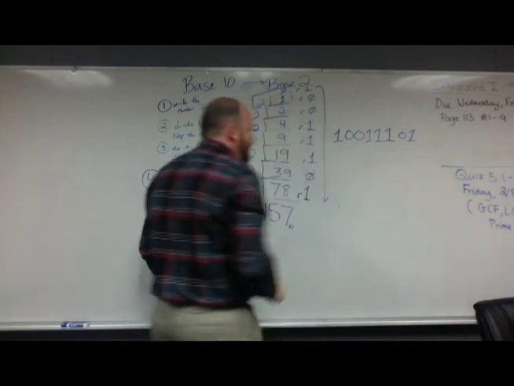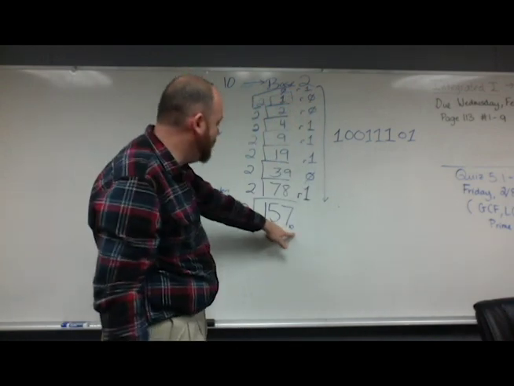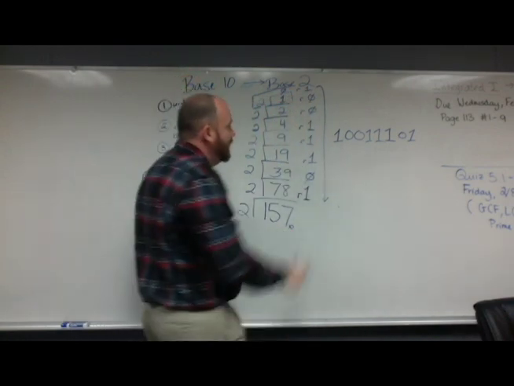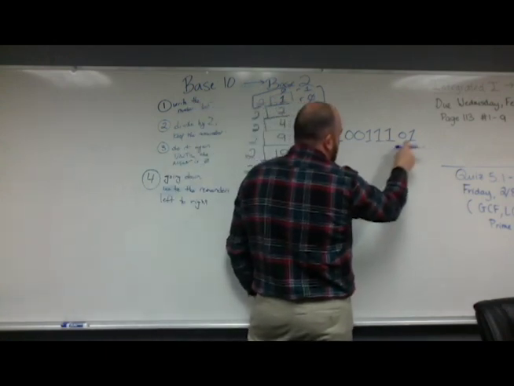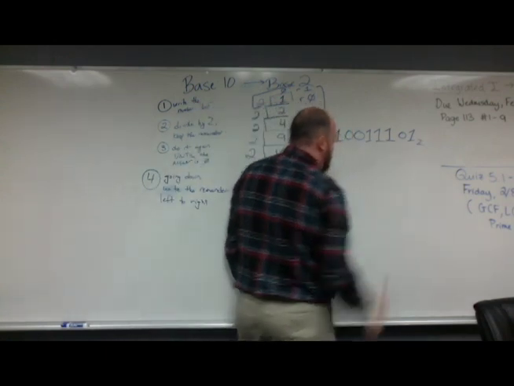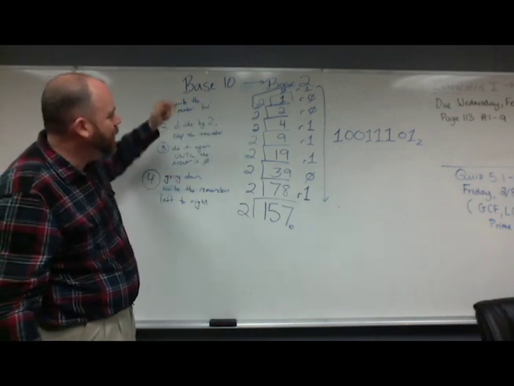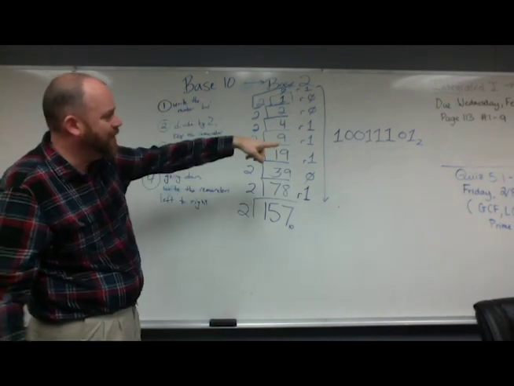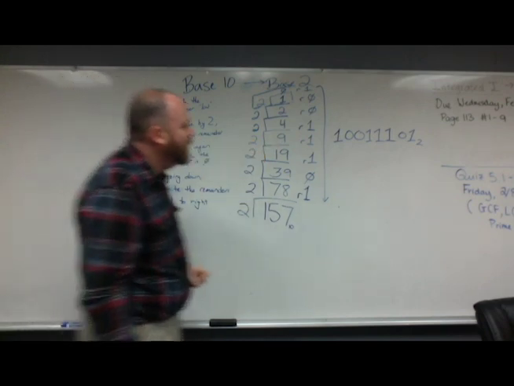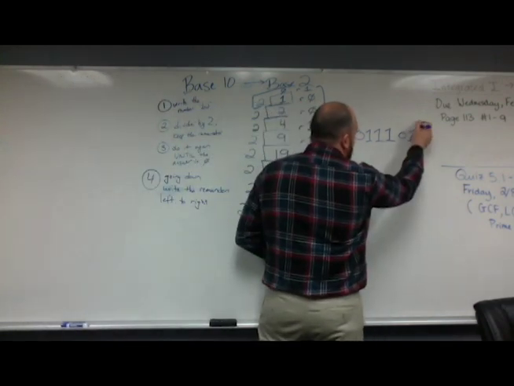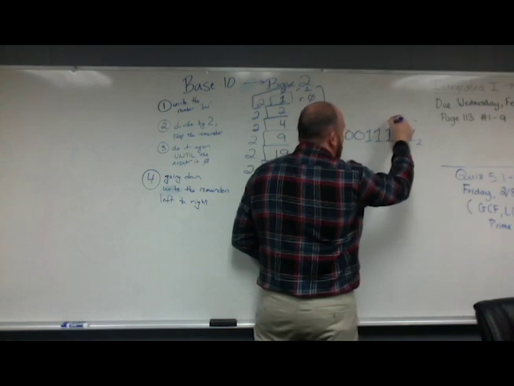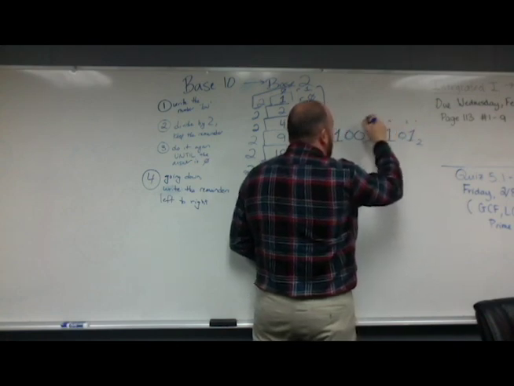And I would say that 157 in base 10 is 1, 0, 0, 1, 1, 1, 0, 1 in base 2. That is the same number I did the other direction, and so I should be able to go back and watch my last video and see if that's the number I wrote on the board at the beginning. I want to double check, so I want to quickly do a conversion the other way, because usually we can do conversions this way a lot faster.